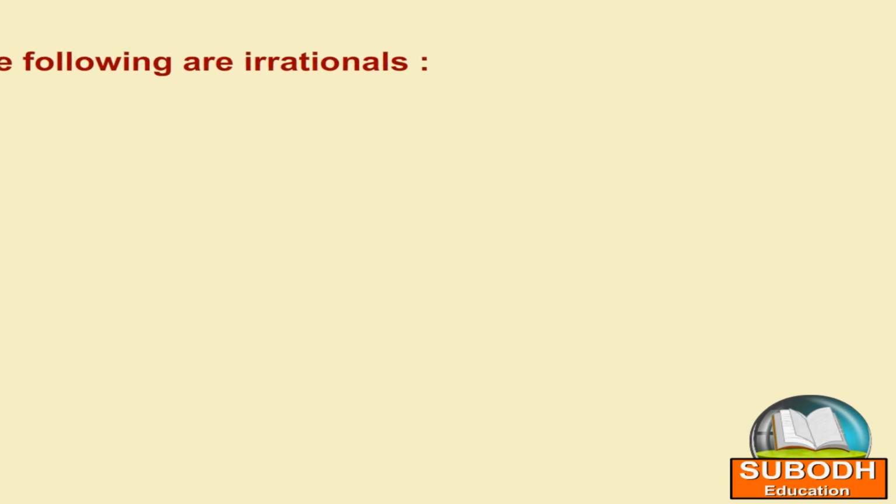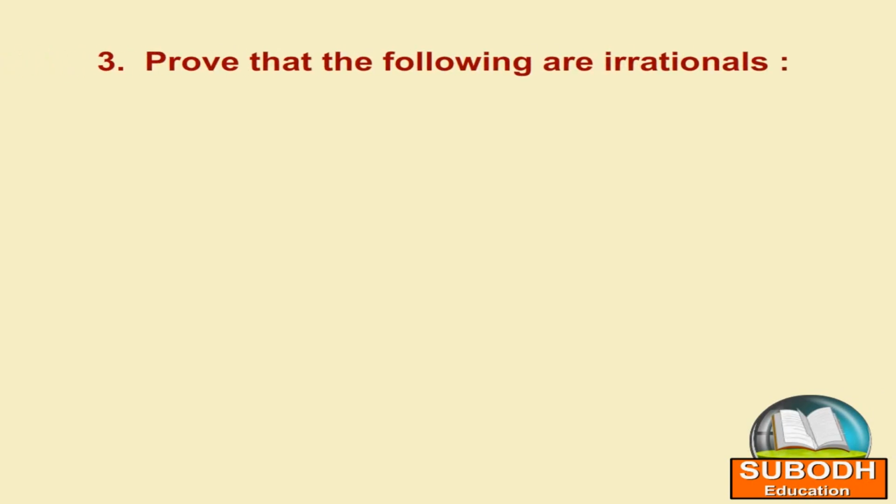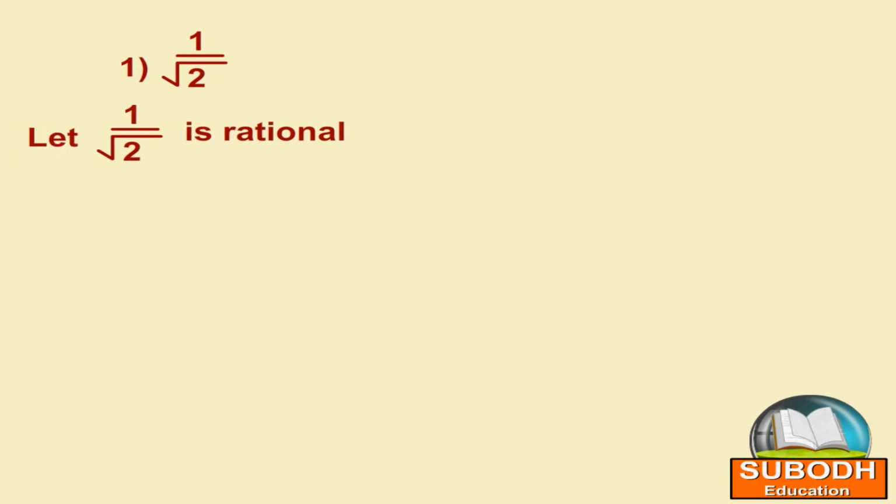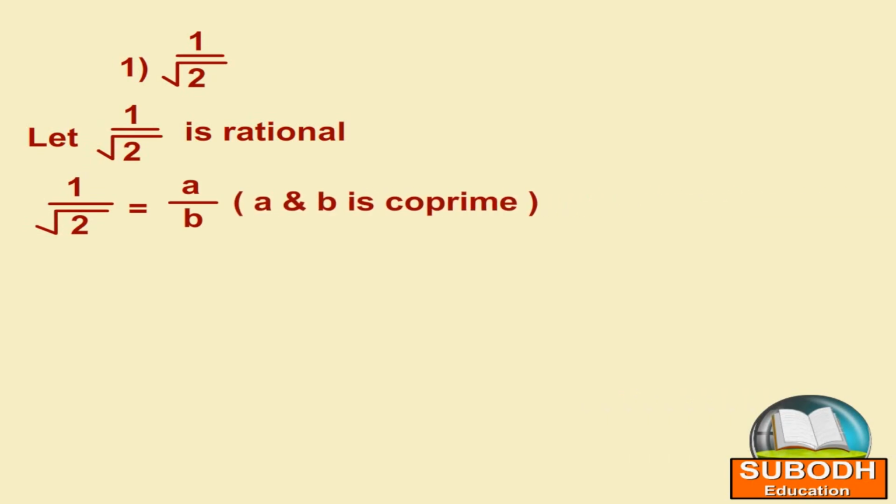Question number 3. Prove that the following are irrational. Example first, 1 by root 2. Let 1 by root 2 be rational. 1 by root 2 is equal to a by b, where a and b are co-prime numbers.